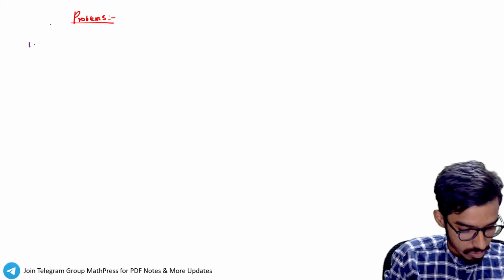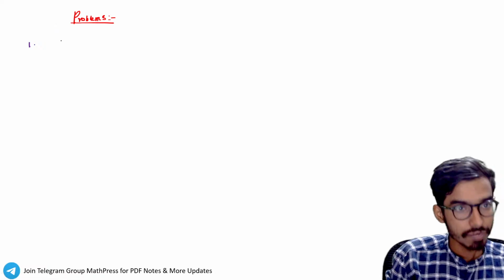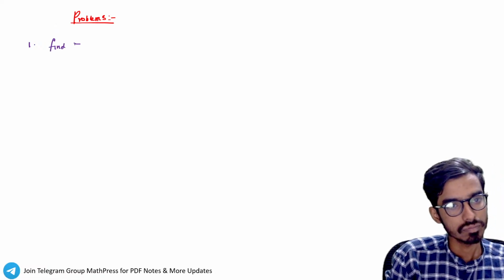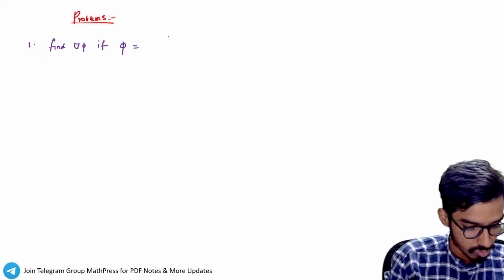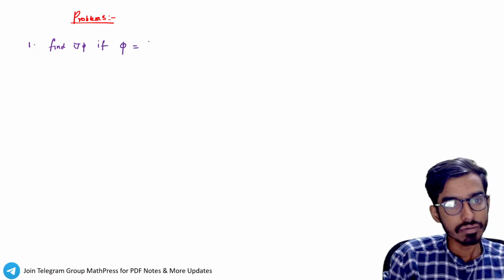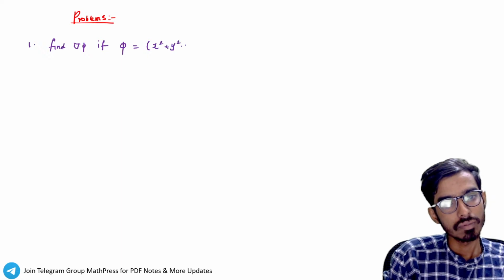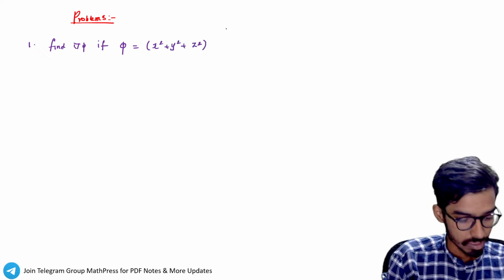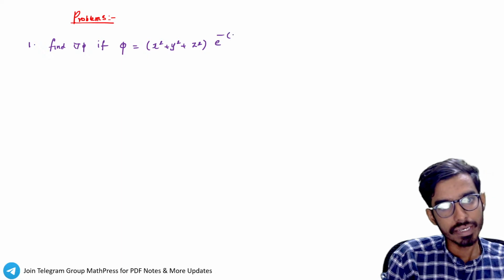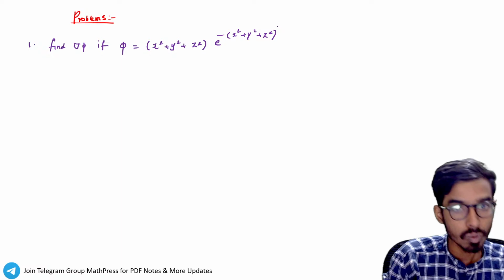First problem is: find del phi if phi is equal to x square plus y square plus z square into e power minus x square plus y square plus z square whole power 1 by 2.